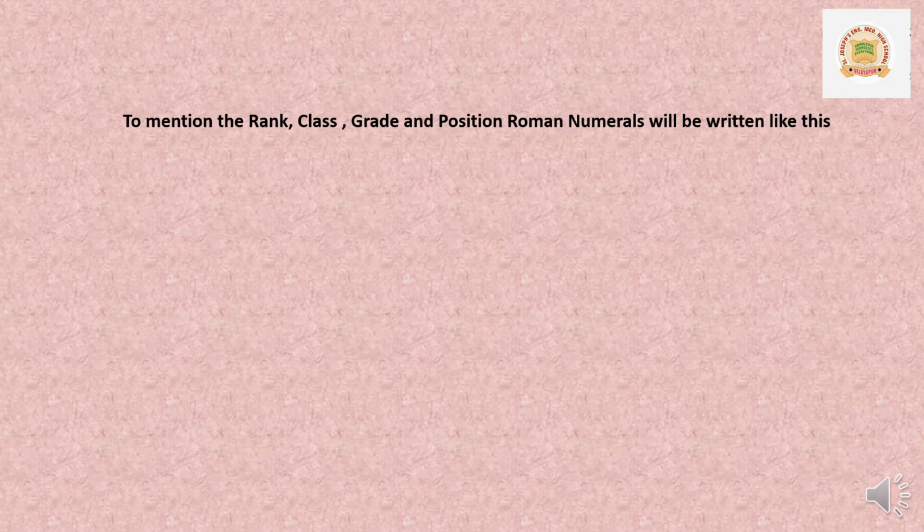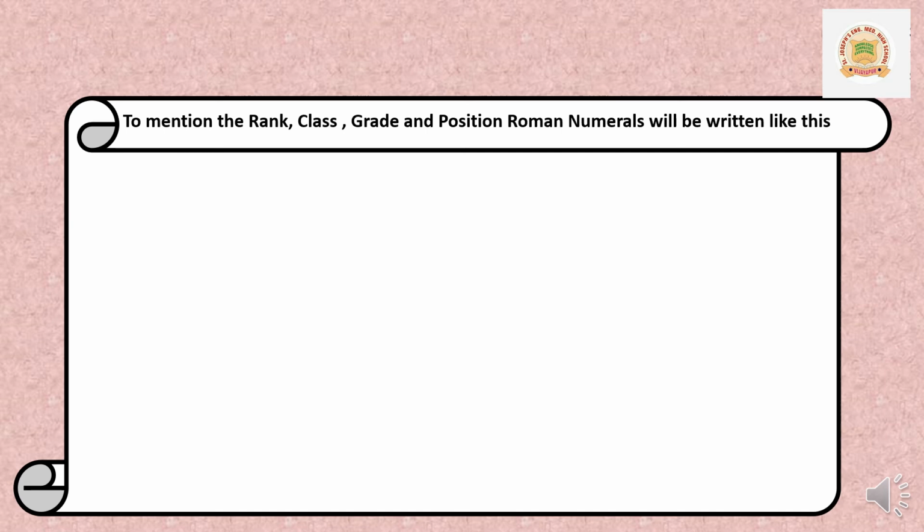But how to write, I'll show you. When mentioning the rank, class and grade, the Roman numerals we have to write like this. First I'll take this one. Say the capital I along with both an upper line and a lower line. It will inform the first place.